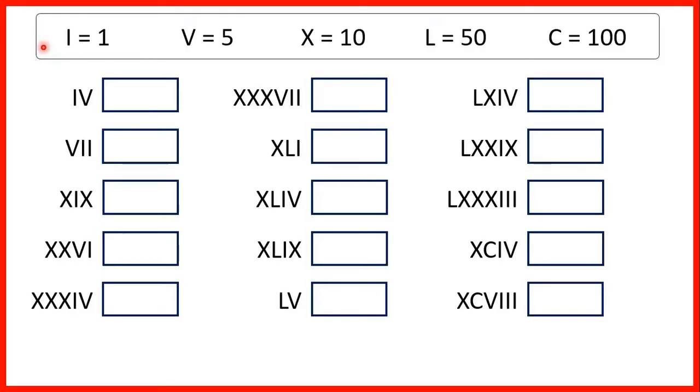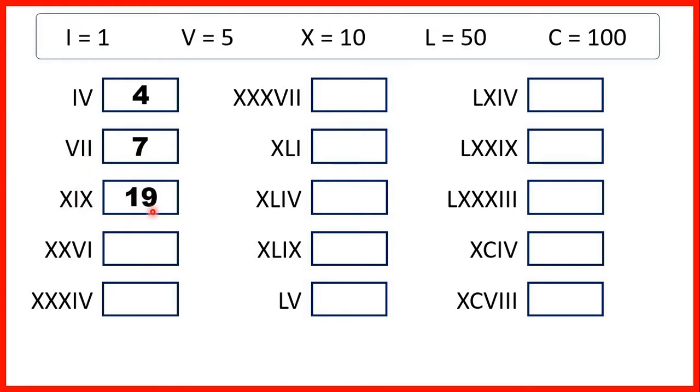Now, we need to read Roman numerals, so we need to remember that I stands for 1, V represents 5, X is 10, L 50, and C 100. So first, IV is 4, because that's 1 before 5. VII is 7, because that's 5, and then 2 1s.